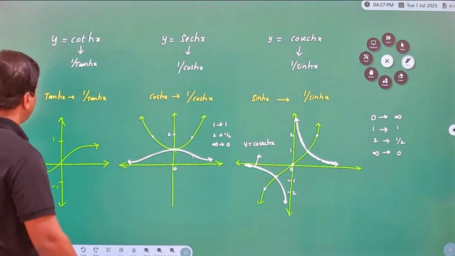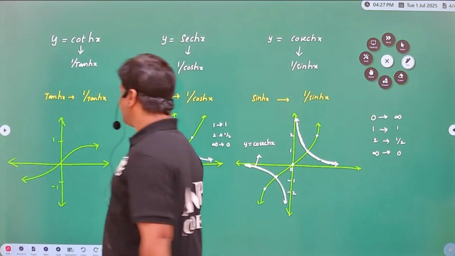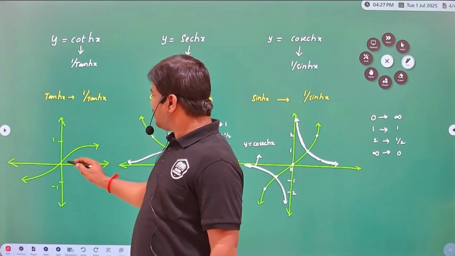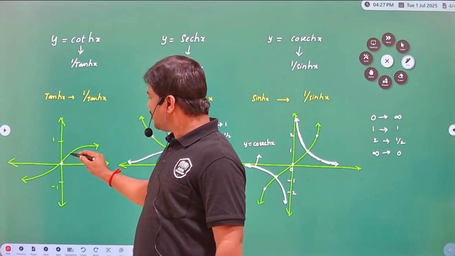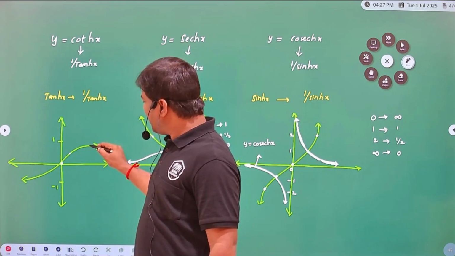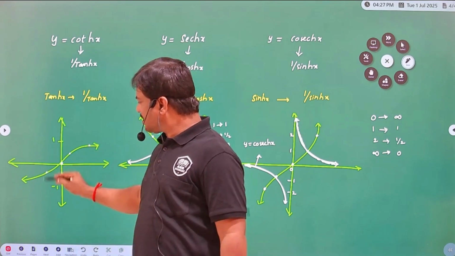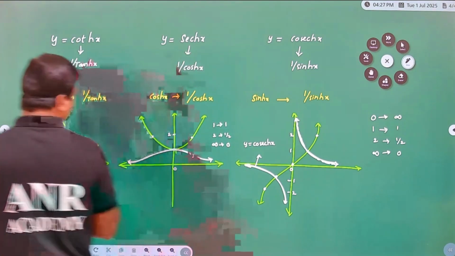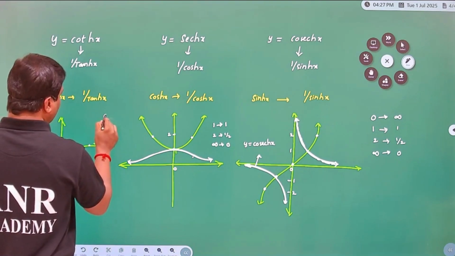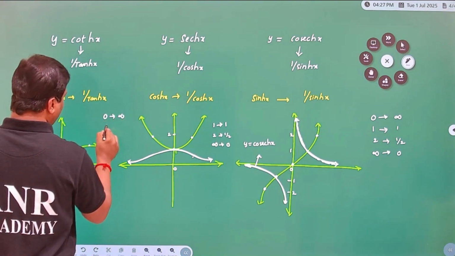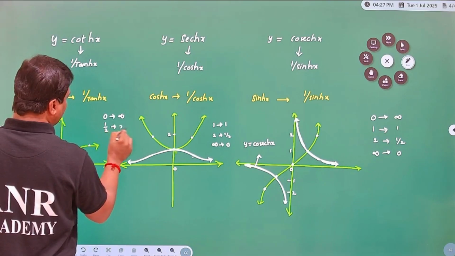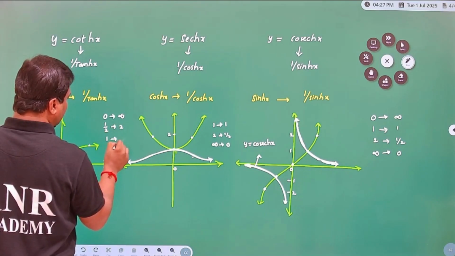the graph of cot hx now. Cot hx graph, that is reciprocal of tan hx: 0, 1 by 2, 1, minus 1 by 2, minus 1. 0 changes to infinity, 1 by 2 changes to 2, 1 changes to 1.